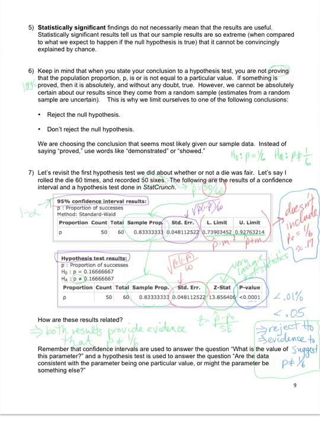So keep in mind that we may have a different standard error for these two. This and this may be a little bit different. In this case, they were the same because our test statistic, our observed sample result, 50 over 60, is the same as 5 over 6 if we reduce that. So because they may not be the same, there's going to be some rare cases where you can reach different conclusions with the confidence interval as you would with a hypothesis test.